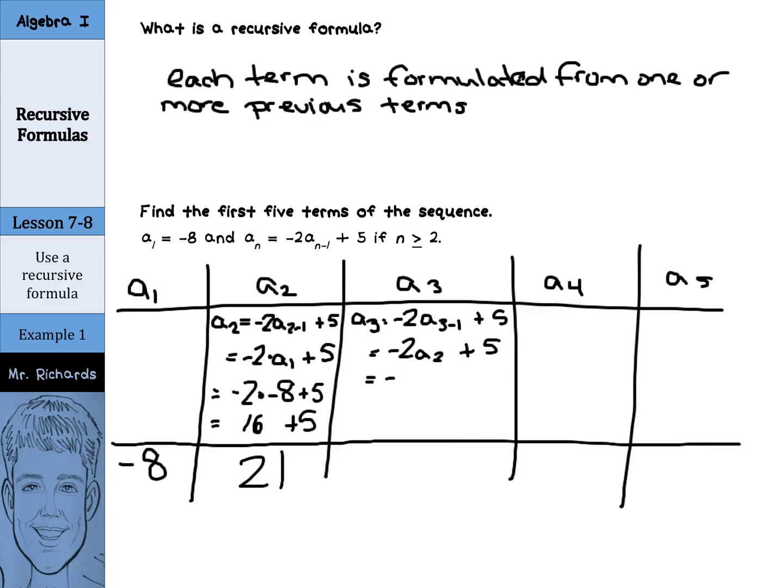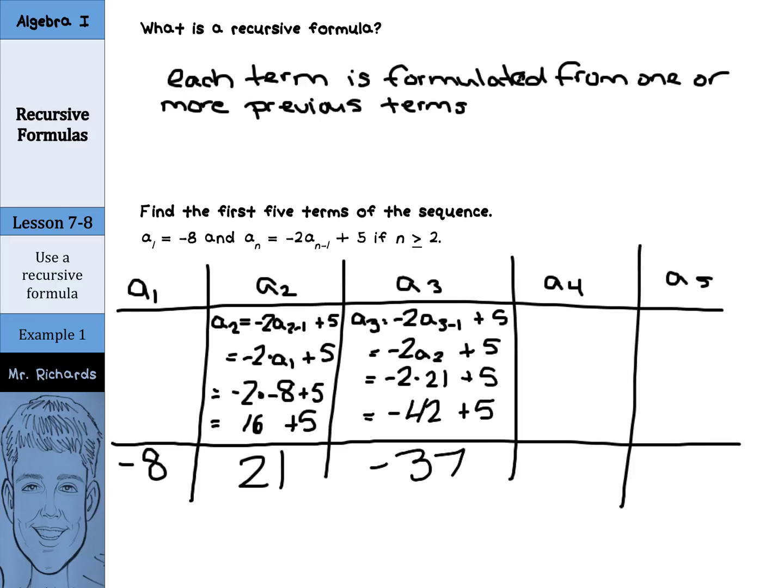We're going to take -2 times the second term, which is 21. So -2 times 21 plus 5. -2 times 21 is -42. Plus 5 is -37.